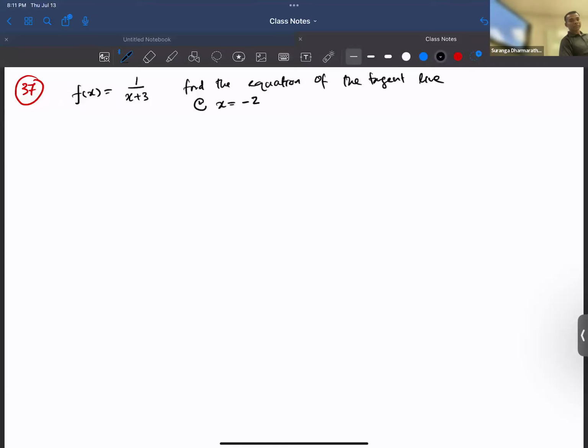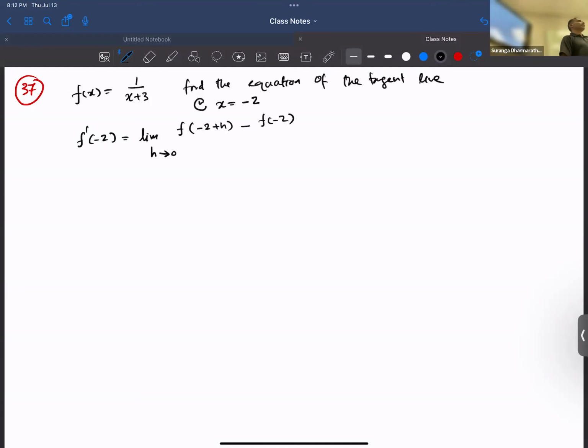Okay, so we can find f prime of negative 2, right? By definition, it is limit h goes to 0, f of negative 2 plus h minus f of negative 2, right?